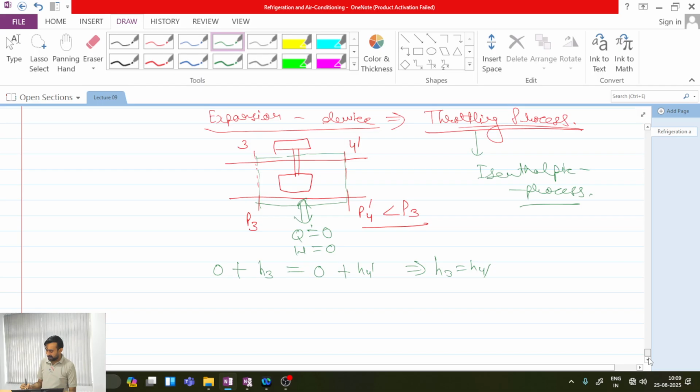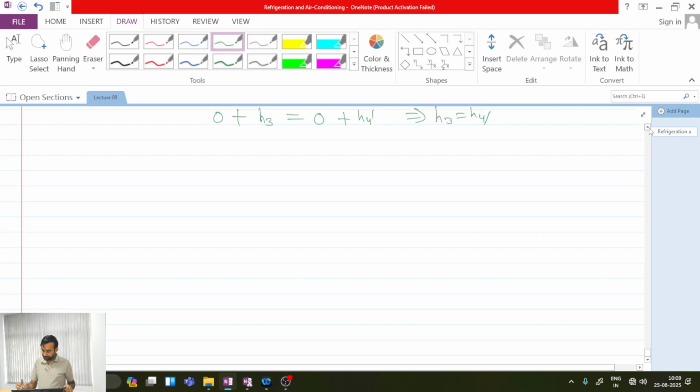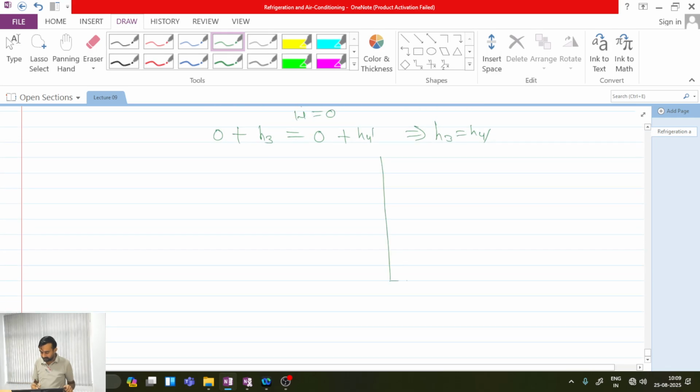Okay, so it means that now if I replace the turbine and if I plot the TS diagram for the cycle, what will I be having? This will be my process 1 to 2.